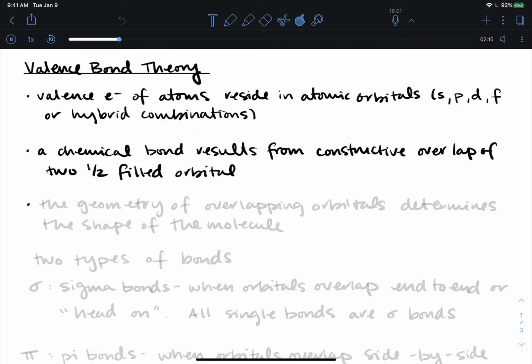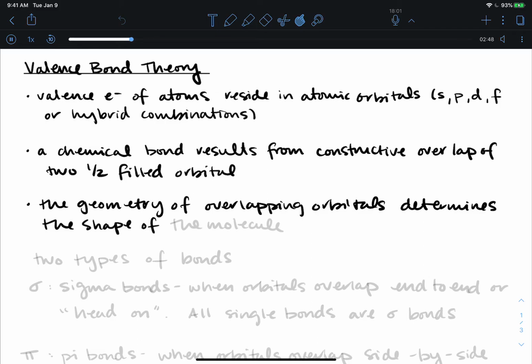Okay, and then one more. The geometry of overlapping orbitals determines the shape of the molecule. Now, the good news here is that valence bond theory is built on top of VSEPR.